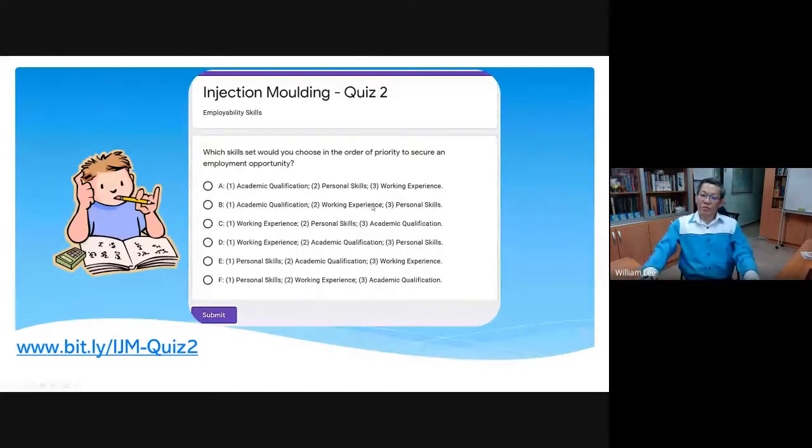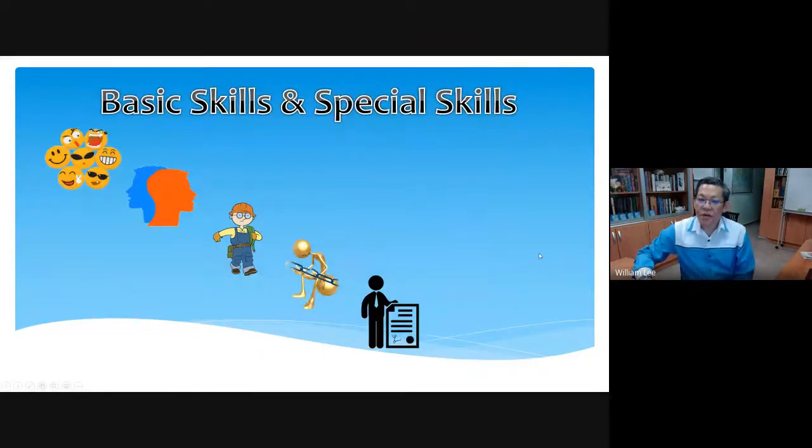Okay, let's go back to this again. All right, it's very subjective. I can see that a lot of you prefer personal skill as rank number 1. So you prefer F, and then the second one is C, working experience. Now, what I can tell you is the criteria used by today's HR practitioners when they first interview fresh graduates.